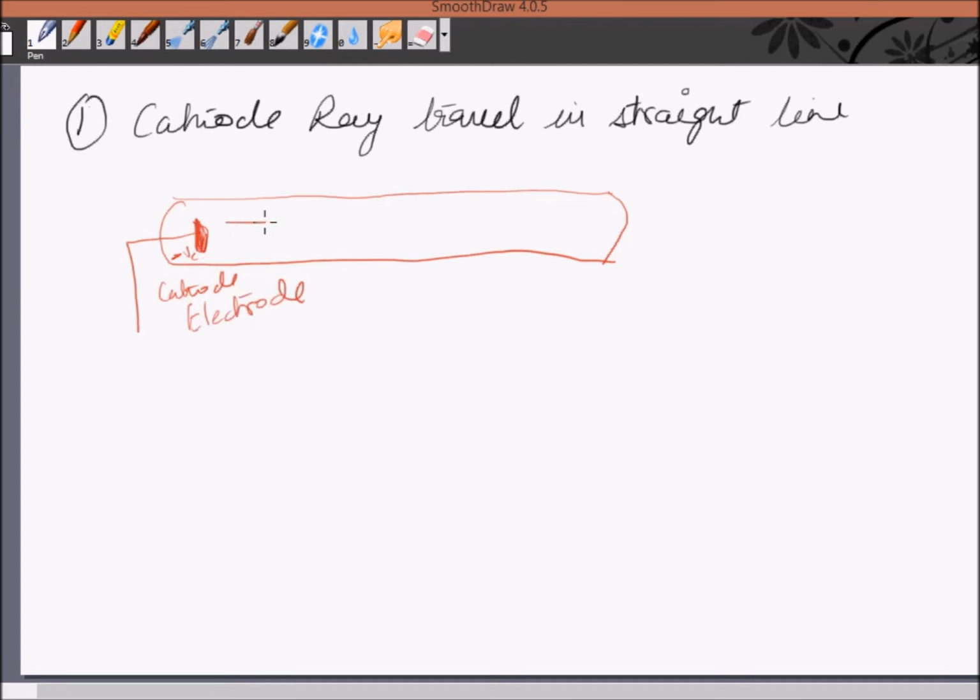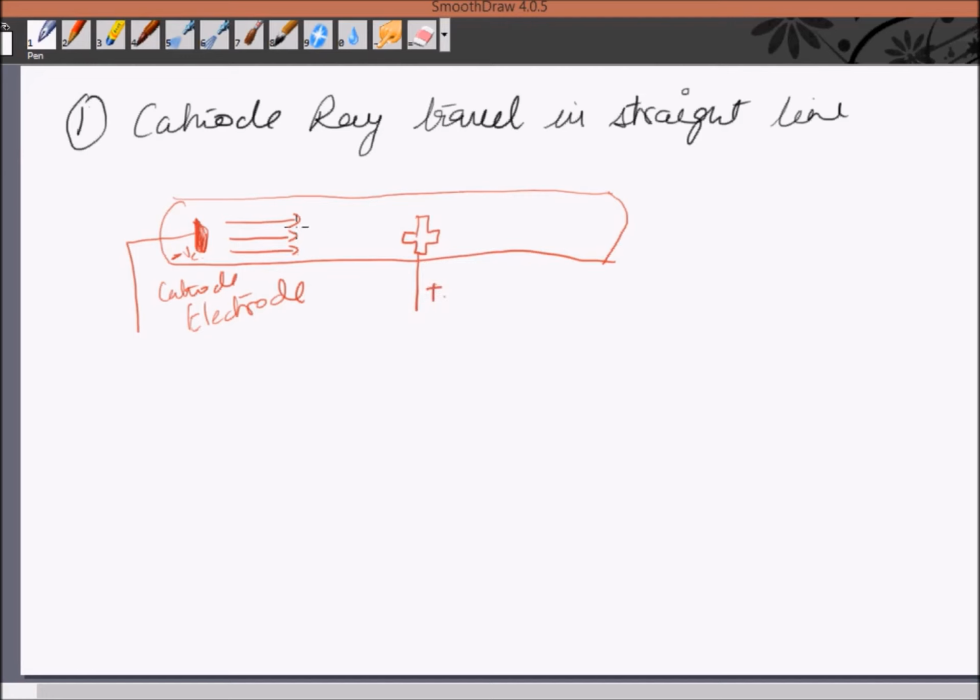So the property is that cathode rays travel in a straight line. How do we prove this? Let's keep a plus sign of a metal body here in the path of the rays.